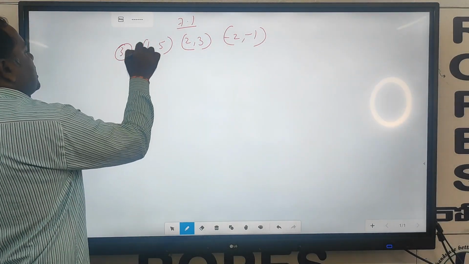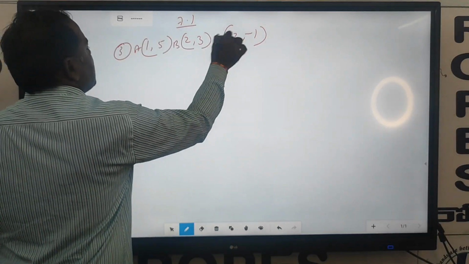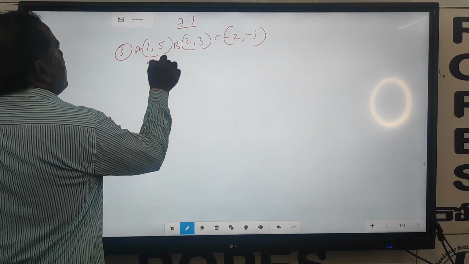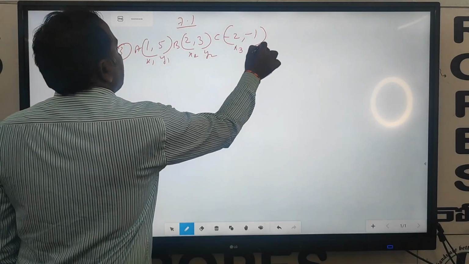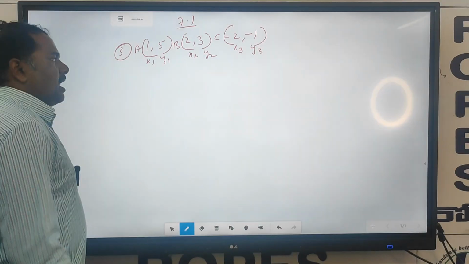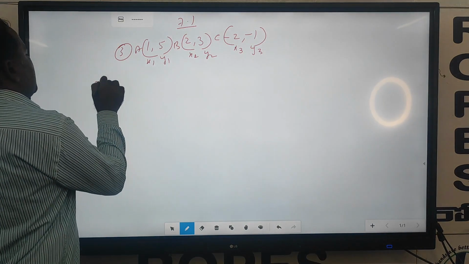Now we take the points as A, B, C, with x1, y1, x2, y2, x3, y3. First we find the AB distance.